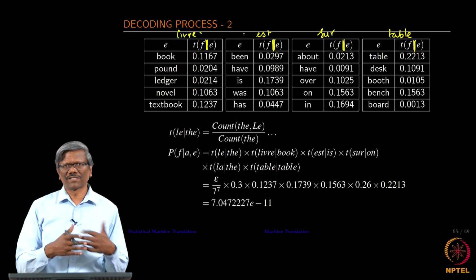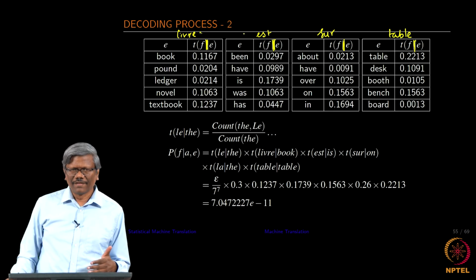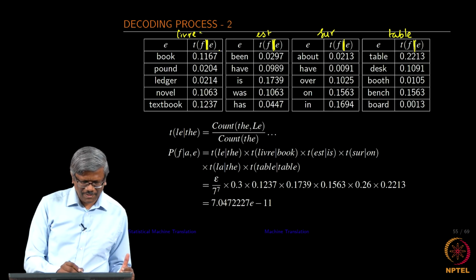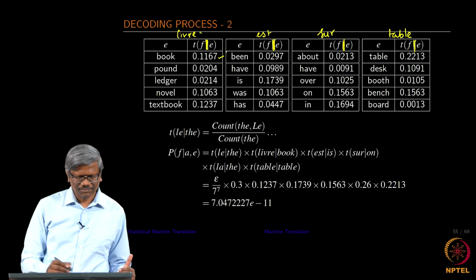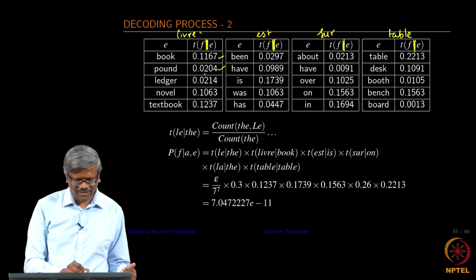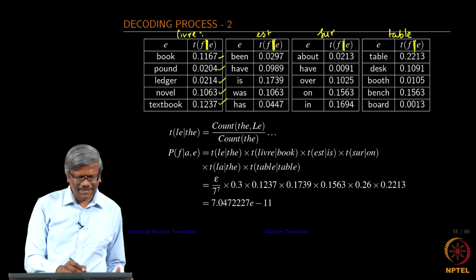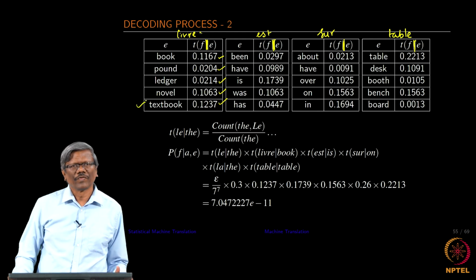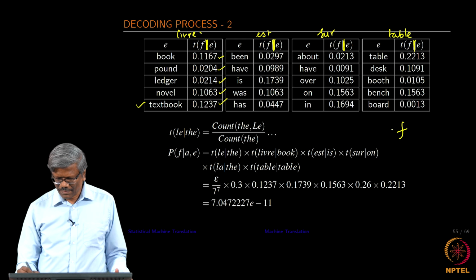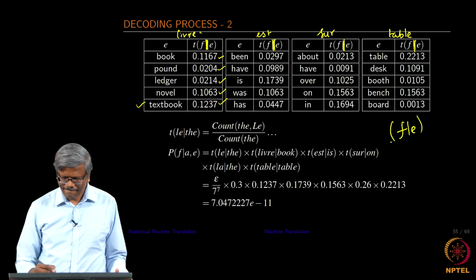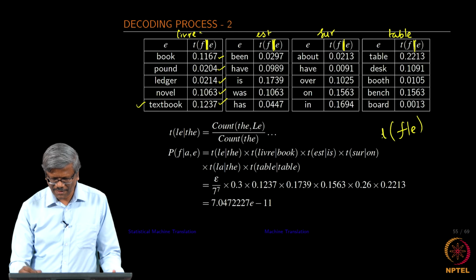It is computed based on the EM, and then based on the EM probably book would have some alignment, pound will have some smaller alignment in terms of the probability, and then ledger will have a very small set of alignments. Novel may be better, and then textbook may be higher in this case. So, if I translate this, I would rather pick textbook as the alignment, okay, in this case.